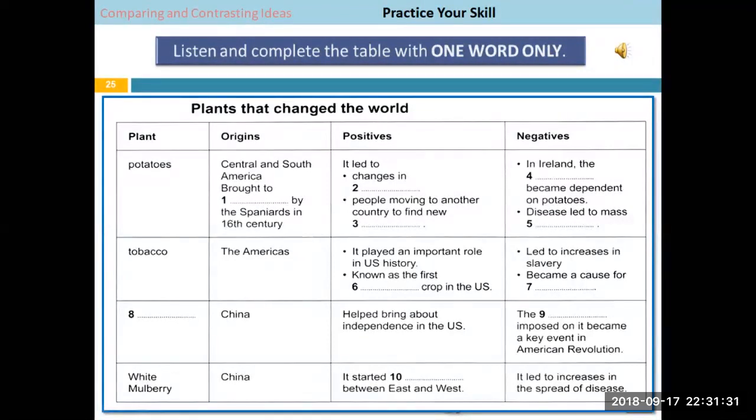Recording 32. In my talk today, I'm going to be looking at plants that have had an impact on our world and our history. Let's start with the potato. It was originally one of the staple foods of Central and South America. And when Spanish explorers traveled to the Americas, sometime in the 16th century, the potato found its way into Europe. This had several important consequences. In particular, it almost totally altered people's diet in many European countries.